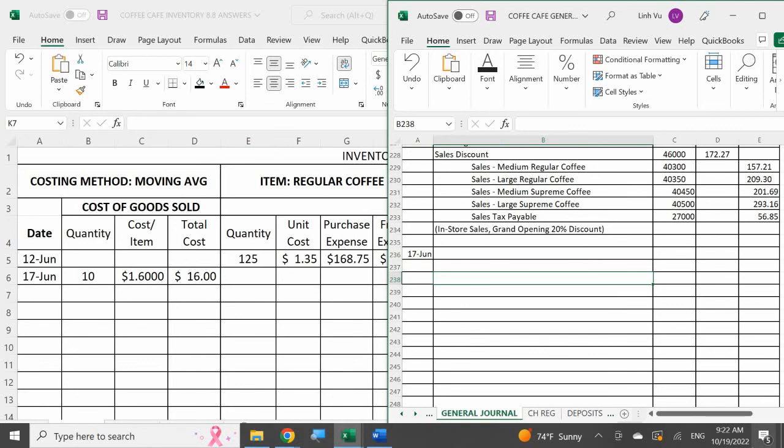It would be your coffee, in this case regular coffee and Supreme coffee.